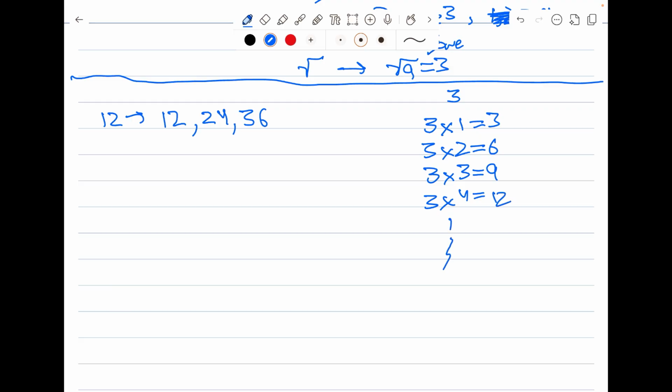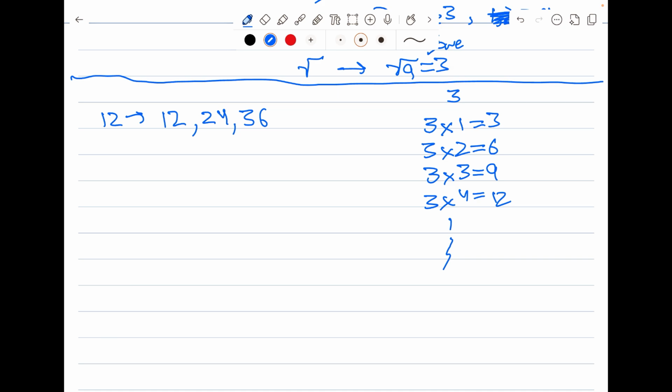So all of these numbers in the multiplication table for 3 are the multiples of 3, right? You multiply that number with 1, then with 2, then with 3, and all the numbers you obtain are multiples of that number. And as you can see, there are an infinite number of multiples. There aren't an infinite number of factors, but the multiples are infinite. All right. So that's the idea of a multiple revisited.